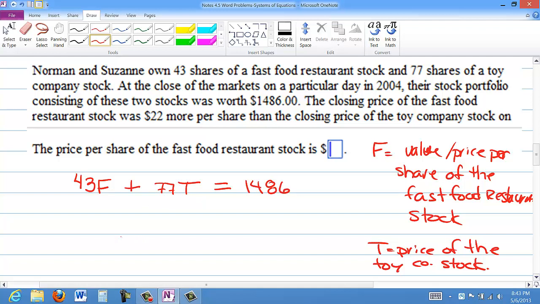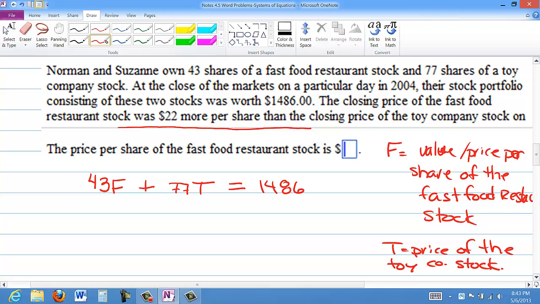Now the second equation comes from where it says that the restaurant stock was 22 more than the closing price of the toy company. So what we're dealing with is F, which is our price for the food company, and that has to somehow equal the price for the toy company.